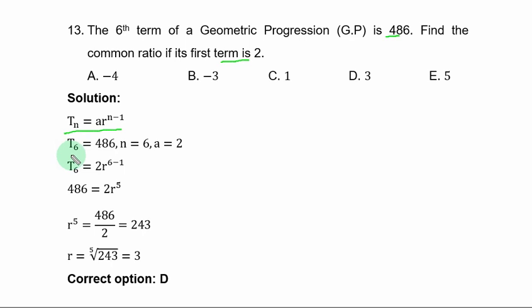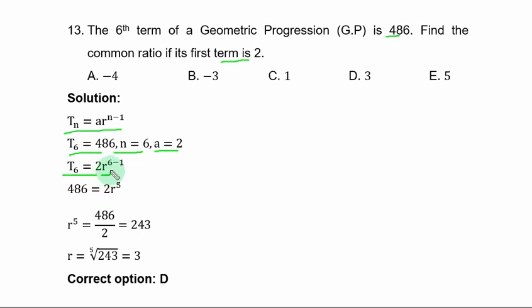From the question, the sixth term is 486. At the sixth term, n is equal to 6. The first term is 2. So t sub 6 is equal to 2 as the first term times the common ratio unknown.